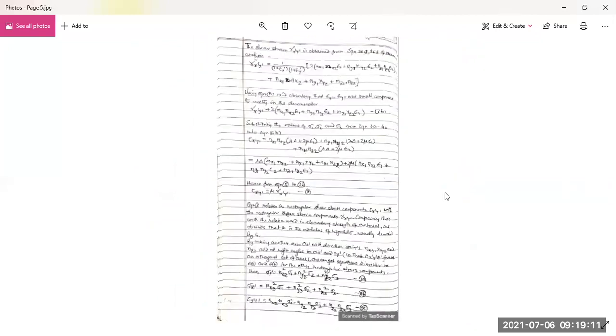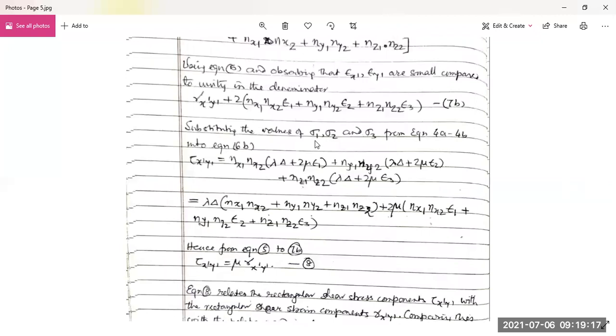Now, what we do here, we put this value of sigma 1, sigma 2, and sigma 3 from equations 4a to b into equation 4.6b itself.